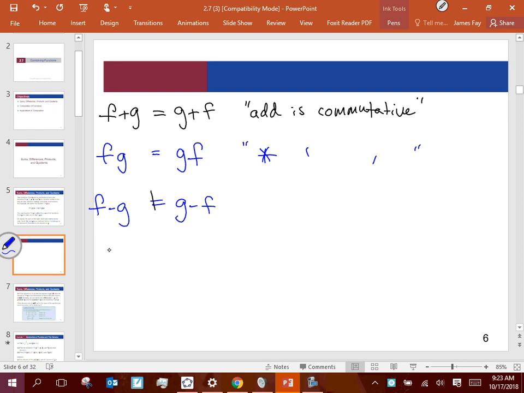For the same reason, G divided by F. Obviously 2 divided by 5 is different than 5 divided by 2, right? These 2 operations are not commutative. And that's a concept that they usually ask, maybe in a homework or a quiz or a test, instead of just allowing you to show what you know through arithmetic.